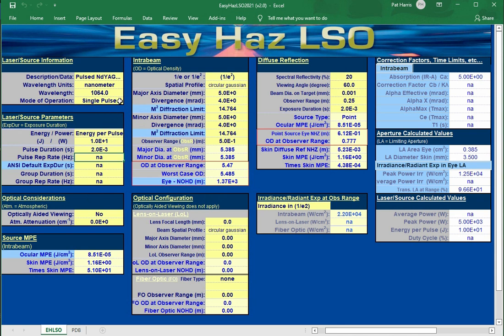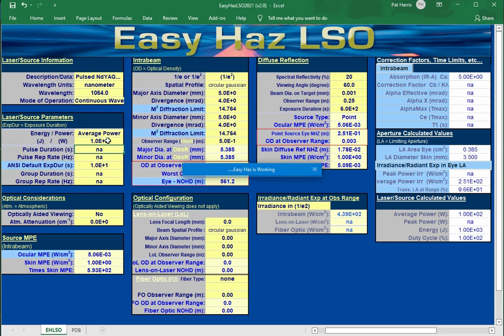We can look at the second part of this by changing to continuous wave, keep our 10 seconds, go to an average power. Remember, our calculated average power was 100 watts. Let's take a look at that. And you can see that, yes, the average power from this, if we just look at the 100 watts, is less than what's happening in the pulse.